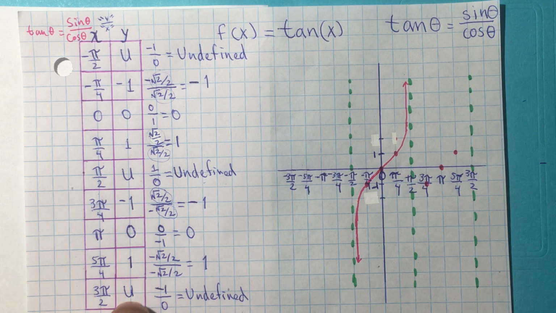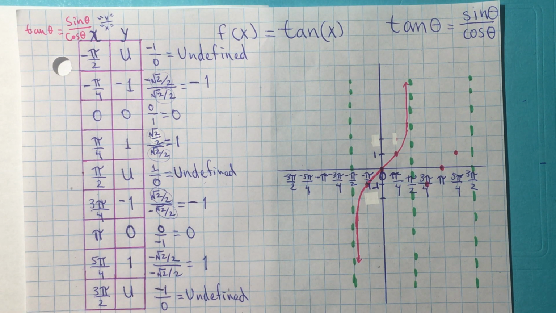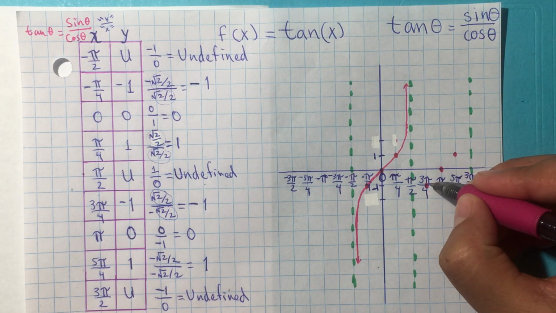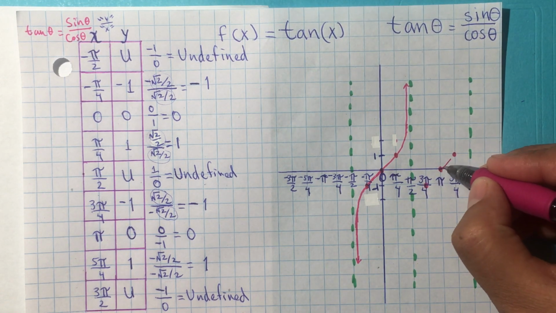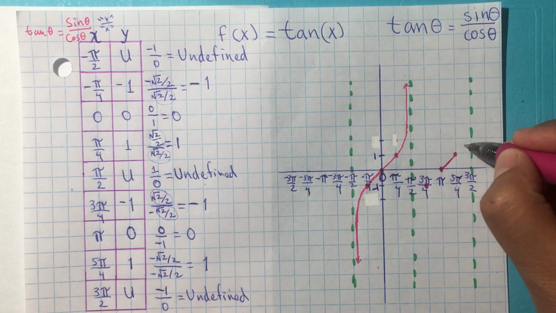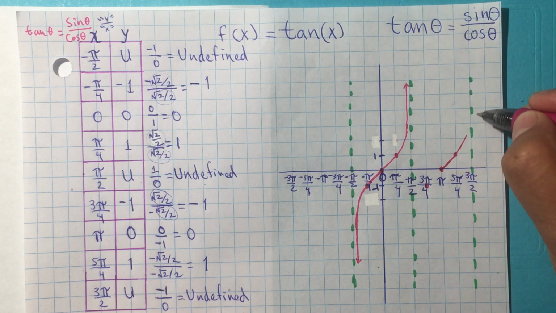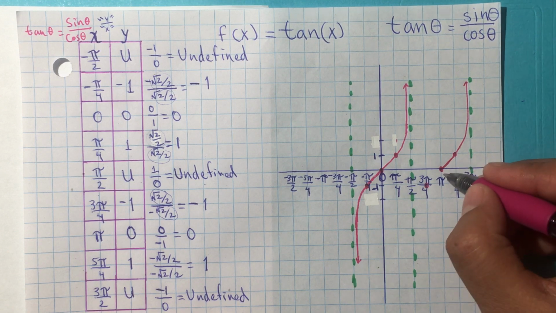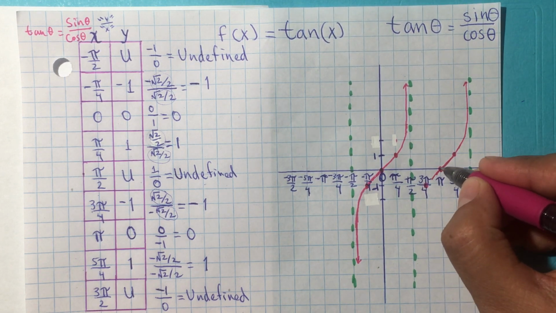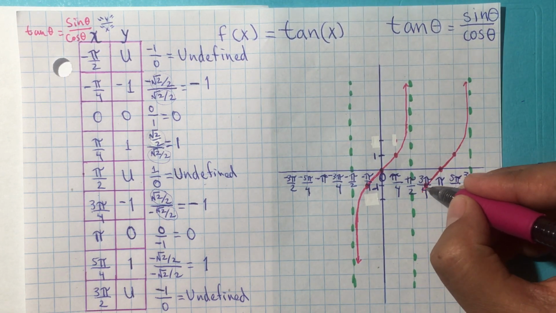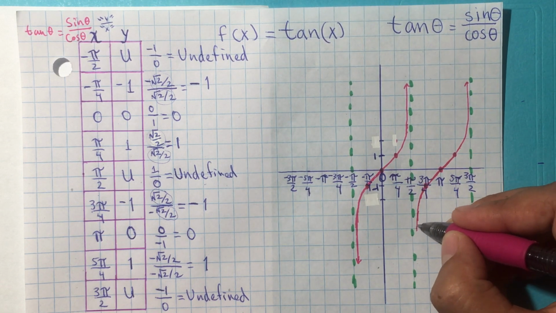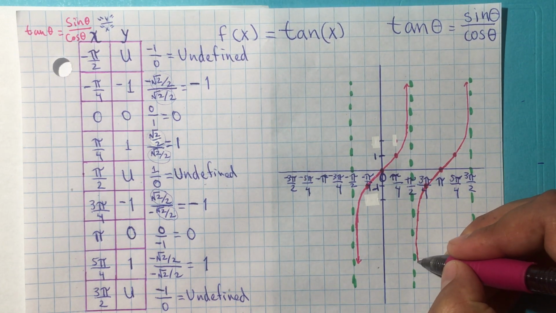Okay, and so again, we will create our graphs where these connect, and then this approaches the line, but it doesn't touch it. Oh, I was about to cross it. Then on this side, the same thing. It approaches the undefined line, but it never touches it.